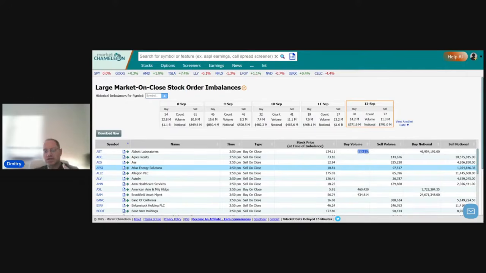Okay, so that's in a short version why certain institutions would use the market on close order types.